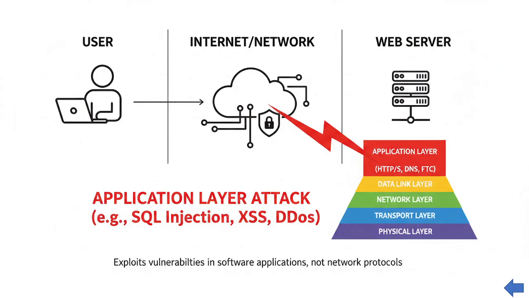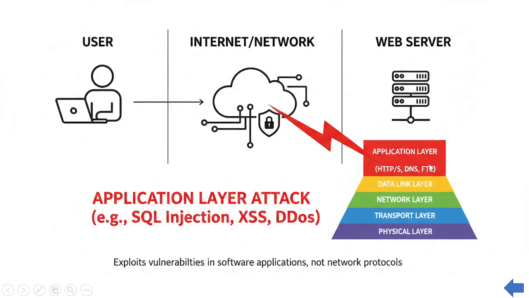The red top layer, as I said, is the application layer, where protocols like HTTP, HTTPS and DNS operate. So in this layer, three protocols operate, which are HTTP, HTTPS and DNS.